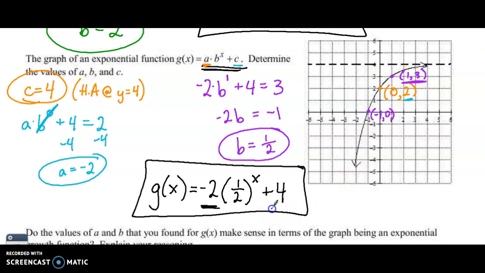We have a horizontal asymptote at y equals 4. We could plug in different values. If we plugged in -1 for x, well, 1/2 to the negative first power is 2. 2 times -2 is -4, plus 4 would give me 0. So I have the correct answer here.